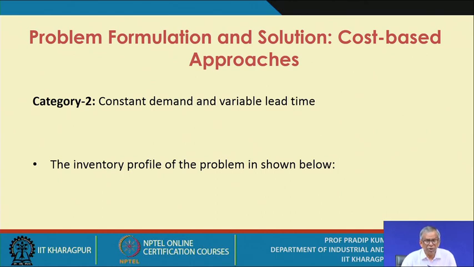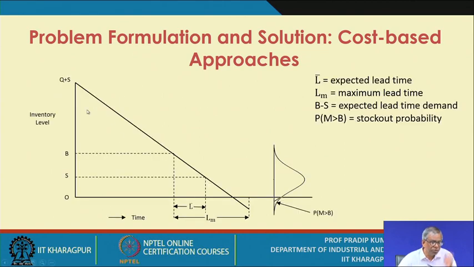Now the next category problem is the category 2 problem, that is the constant demand and the variable lead time. Let us first look at the inventory profile of this problem. So here on the y axis is the inventory level. The maximum inventory level is Q plus S. Q is the order quantity, and what we are assuming is that this is the Q system of inventory control.